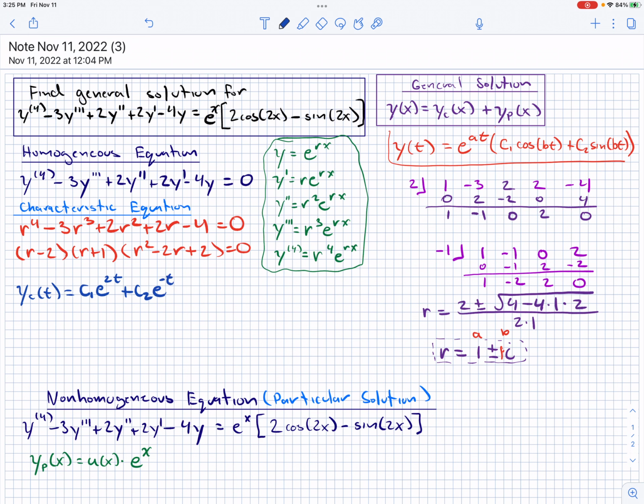And then we have our complex form, which is going to be e to the a, which is 1, so e to the t, times c3 times cosine of b, which is just 1, so it's cosine of t, and I keep putting t, but it really should be x, because that is the form we are using. So used to doing the t's.